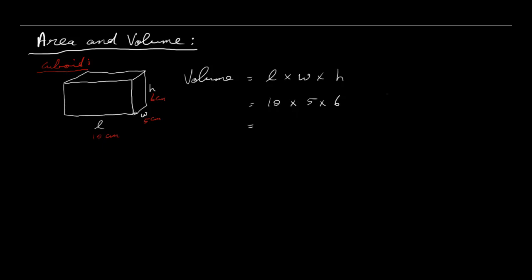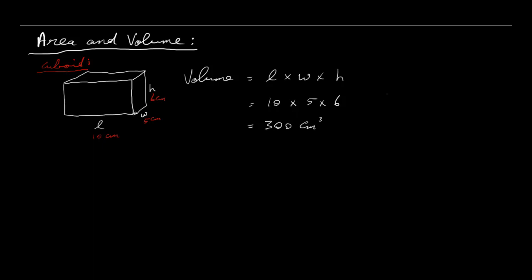So that's just 10 times 5 is 50, multiplied by 6 then is 300. So our volume here would be 300, and because we're using centimeters here, it's centimeters cubed because we were looking at volume, which is three-dimensional in this case.